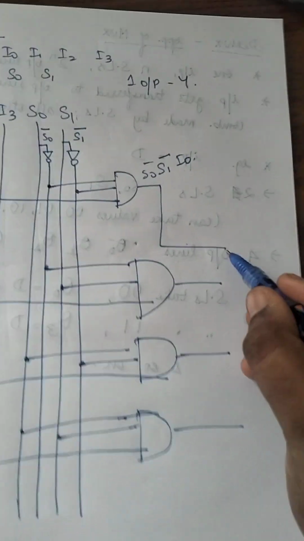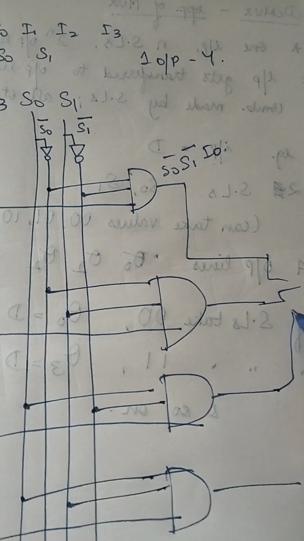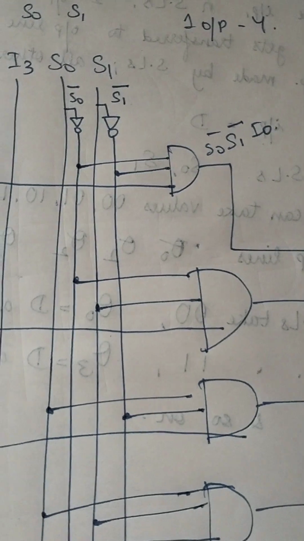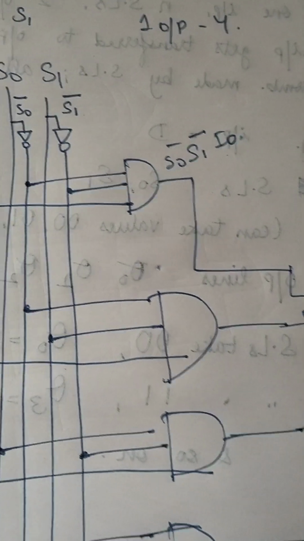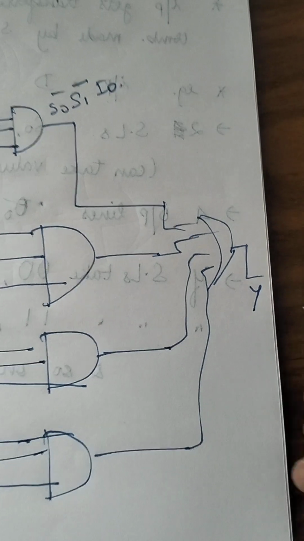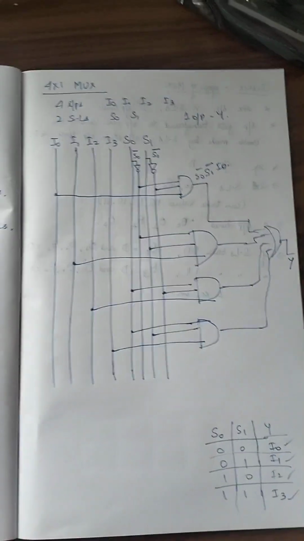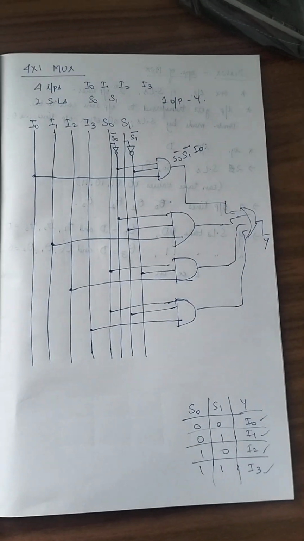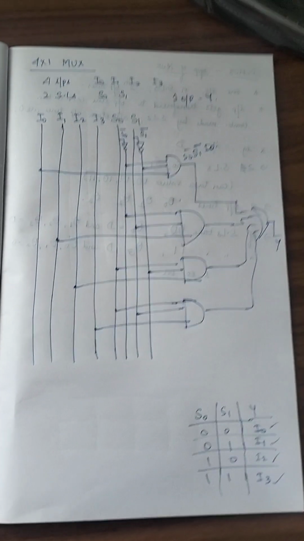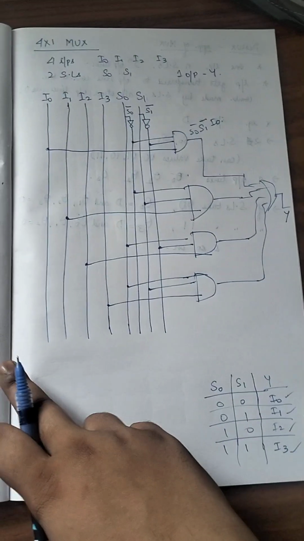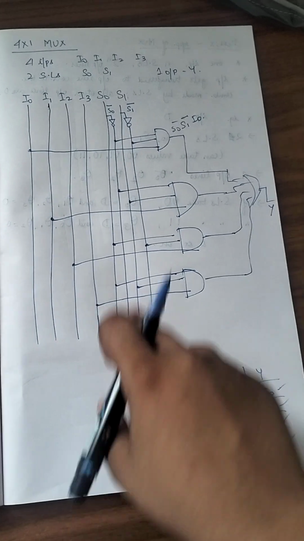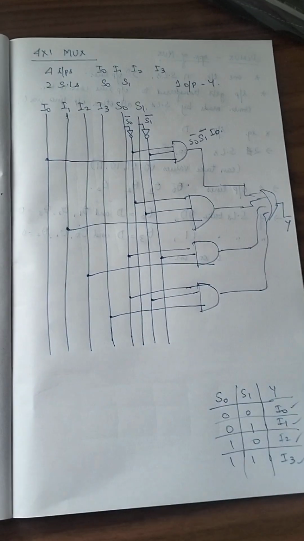So what we do is we just connect all of these using an OR gate, and you specify that the output is Y. Now why does this make sense, and what did we do here? We took our 4 inputs and 2 selection lines. We also took the complements of the selection lines.